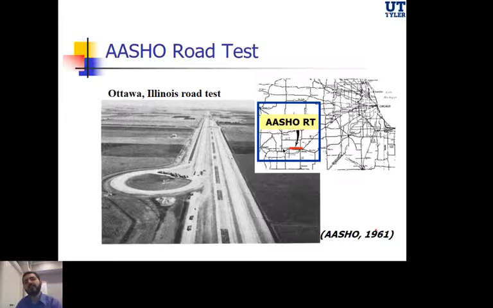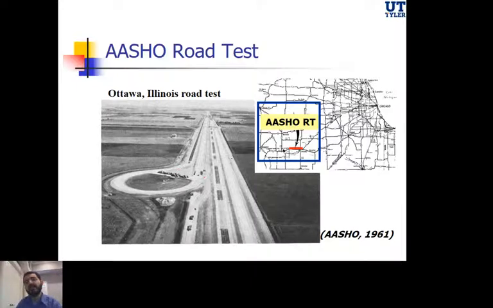A little bit of history here, the way it started back in the 60s. It started with the Ottawa, Illinois road test. As you can see, it's a long stretch of pavement as well as a circular location here, which is trying to represent an exit or an entrance of a highway, where traffic will slow down and introduce lots of shear stresses in the pavement at this location.